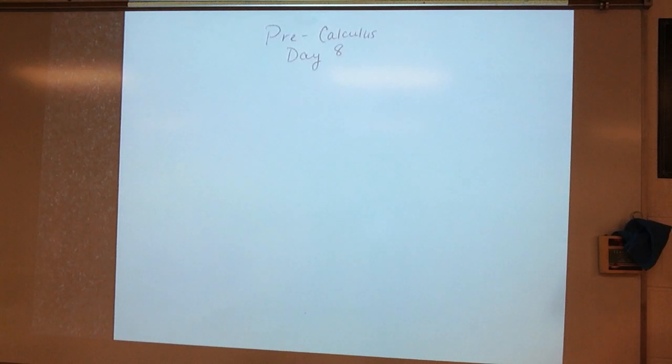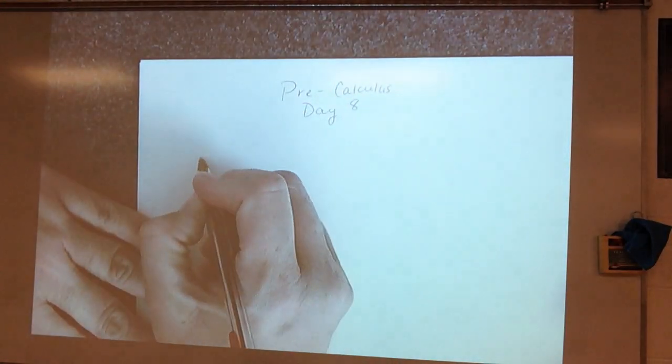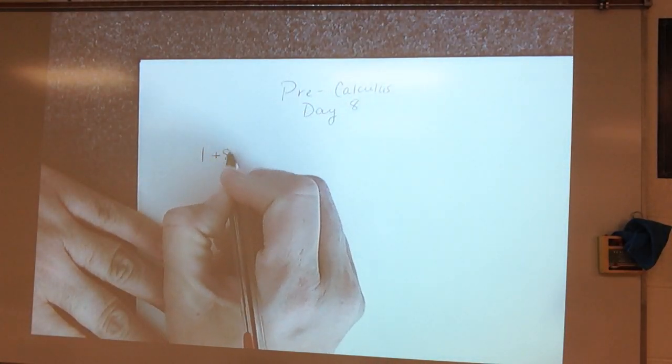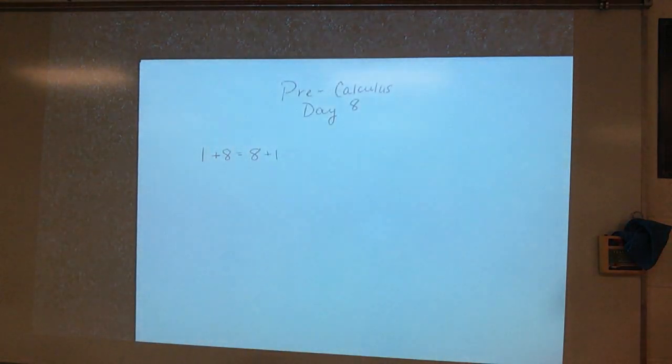All right, commutative property. If you remember, commutative property looks like this. If I have 1 plus 8, then I can say that's the same thing as 8 plus 1. All right, that's my commutative property. If 8 plus 1 is the same thing as 1 plus 8.